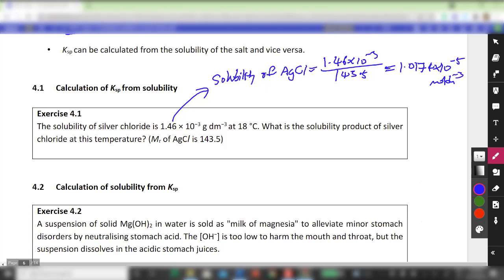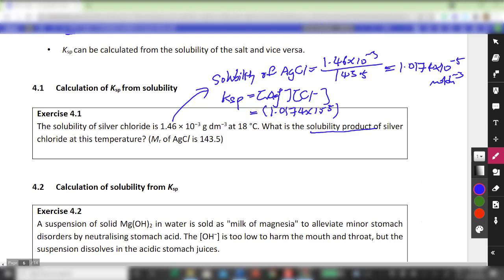Then to determine Ksp, the Ksp of silver chloride will be the concentration of silver plus and the concentration of chloride. Because they dissolve in a 1:1 ratio, I'm expecting the two numbers to be the same. So that will be 1.0174 times 10 to the power minus 5, squared.